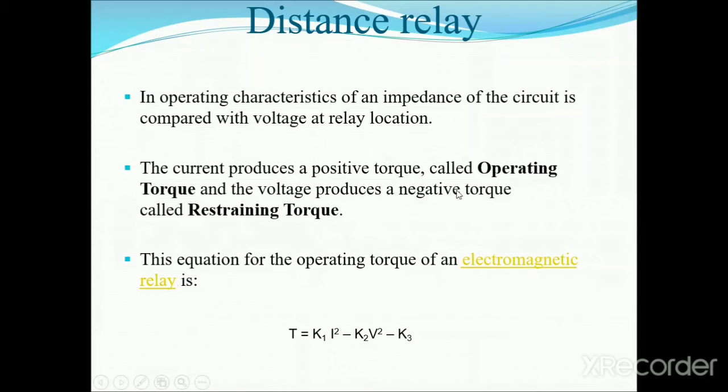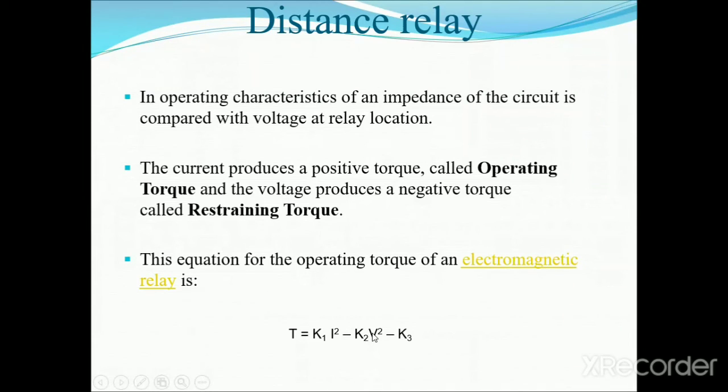The voltage produces a negative torque, that torque is called the restraining torque. That's why we represent the minus symbol for the negative voltage torque. The torque produced by the voltage winding is represented by minus, the negative torque, called the restraining torque, that's why we write minus K2 V square. K1 I square is the torque produced due to the current winding, the positive torque, called the operating torque.